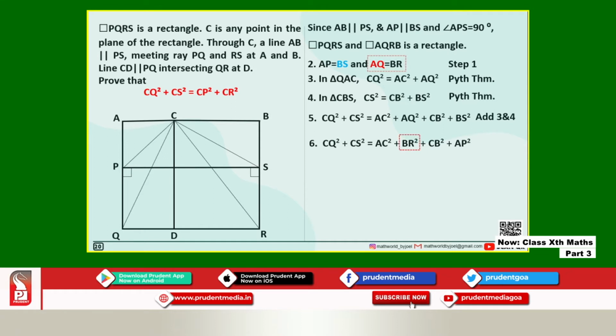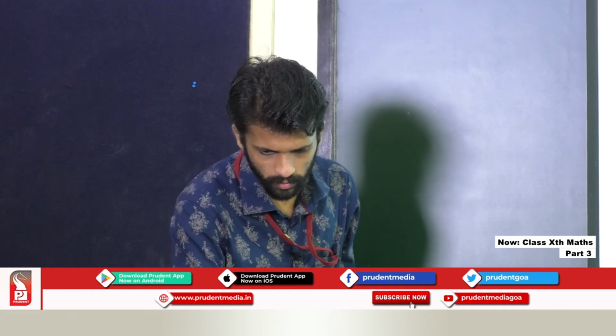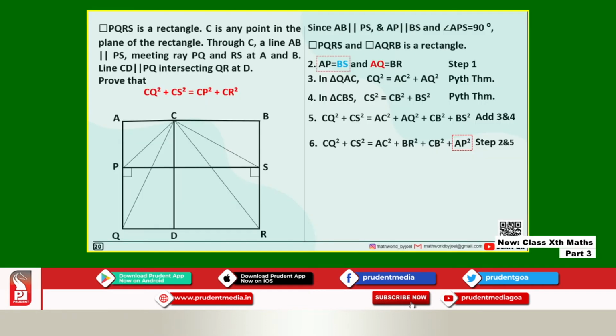Same way, this is what we got here. I have AP is equal to BS, right? So wherever there is BS, I have replaced it with AP. Using step number 2 and step number 5. So step number 5 is just helping us to write the entire thing again. Step number 2 is helping us to replace the terms.